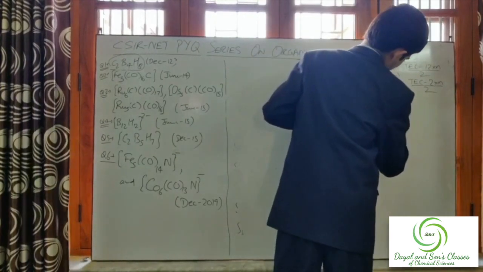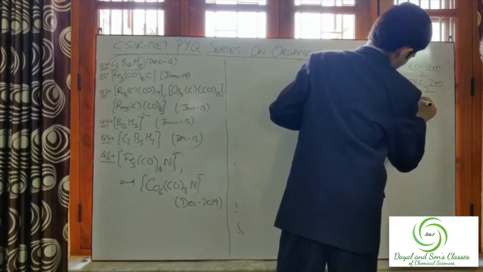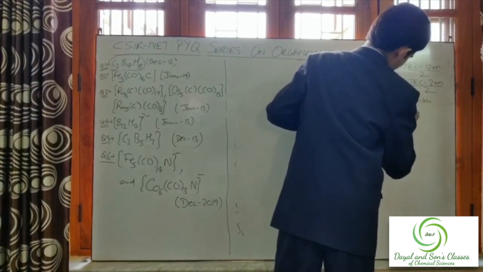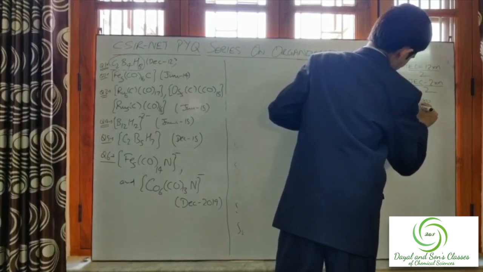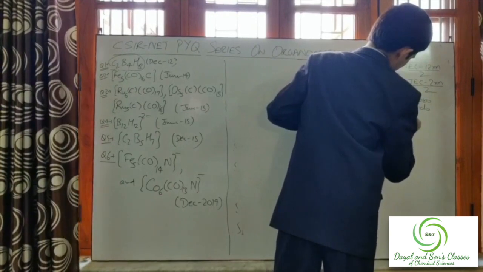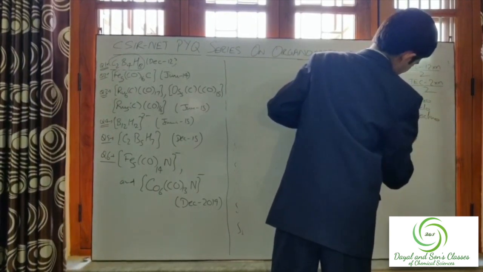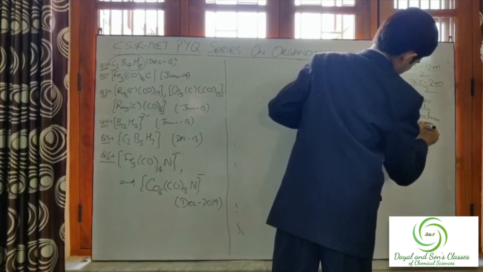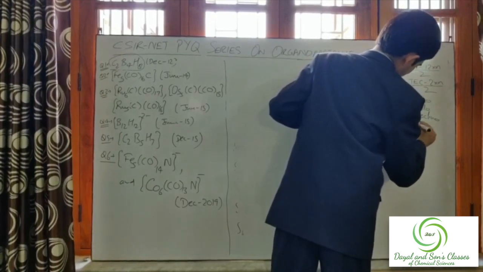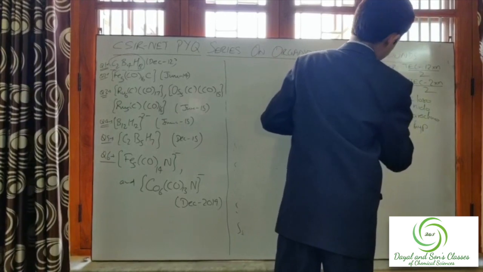And N plus 1 is Closo, N plus 2 Nido, N plus 3 Arachno, N plus 4 Hypho.